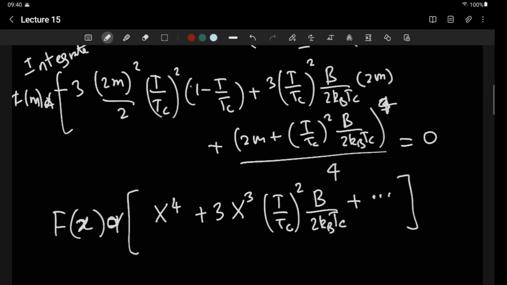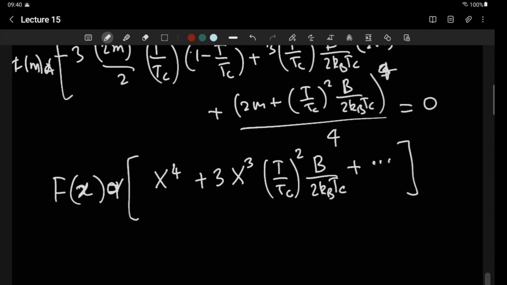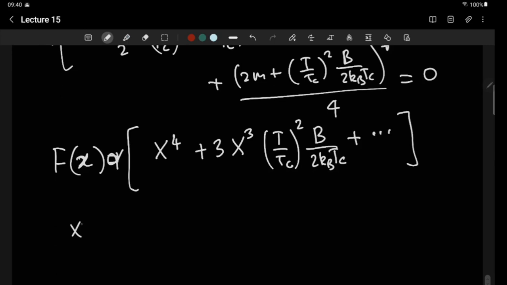Okay. There are also terms, so we have to do a little bit more work. There's also a term proportional to x, and x square. I won't look at that, but for now I just want to look at this x cubed. What we want to see is that the coefficient of x cubed is proportional to b.